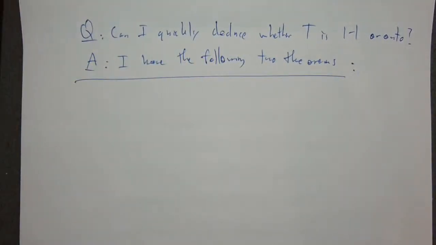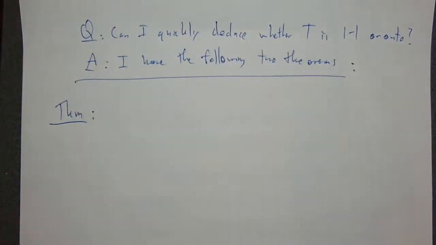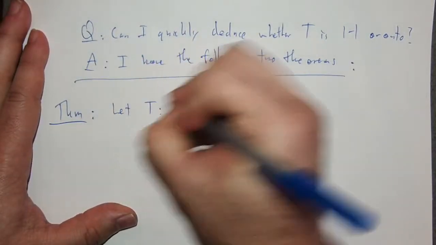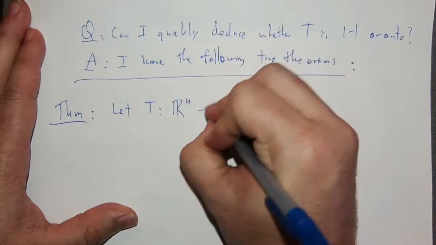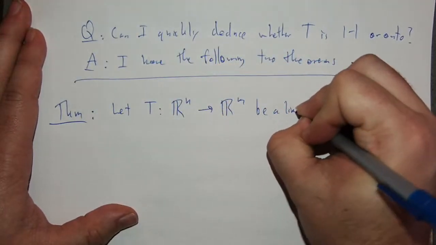So what are my following 2 theorems? So there's a theorem that addresses being 1-to-1. So let T from Rn to Rm be a linear transformation.